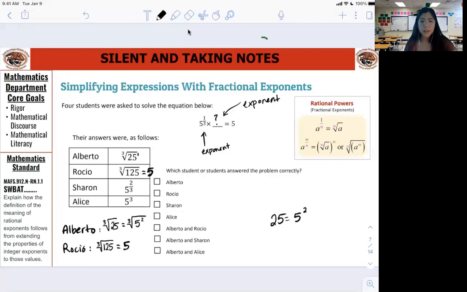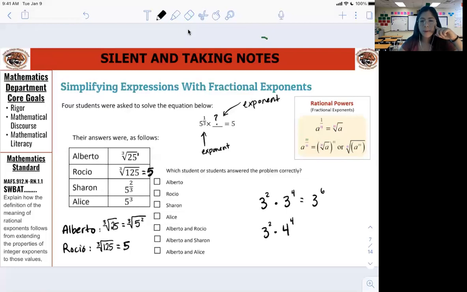The reason I'm doing this is because remember what the exponent rules are. If you're multiplying two numbers, let's say you have 3 squared and 3 to the power of 4, what do you do to those exponents? Add. We add them, right? So you get 3 to the power of 6. But does that work if I had something like this?